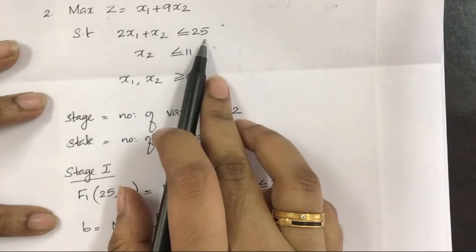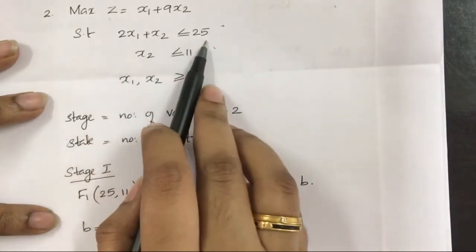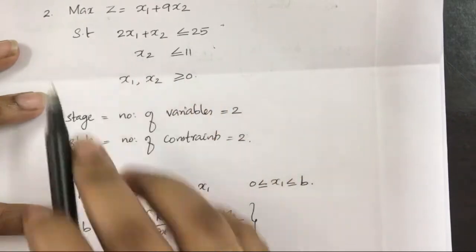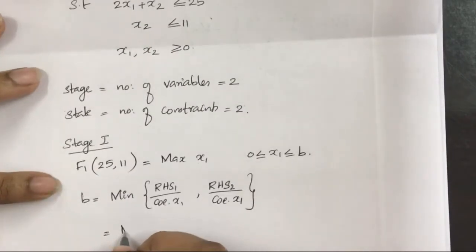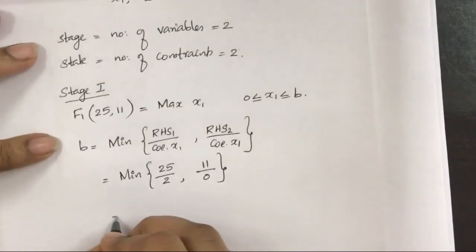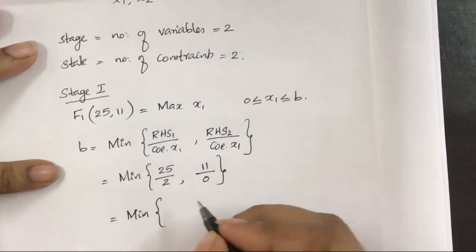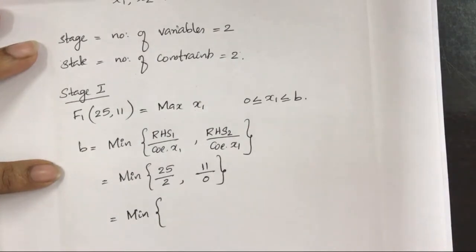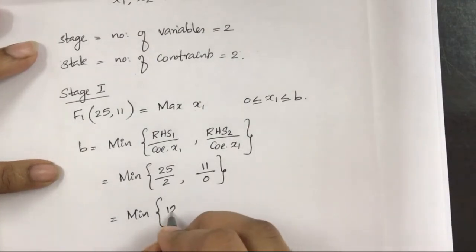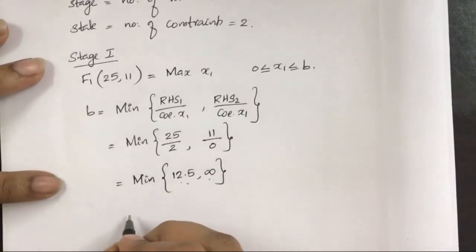What is RHS1? 25, RHS2 11, coefficient of x1 in first constraint 2, second constraint 0. So b is equal to minimum of 25 divided by 2 comma 11 divided by 0, that is minimum of 12.5 comma infinity, which is the minimum value among these two, 12.5.